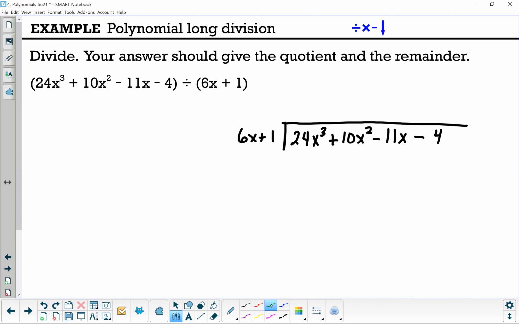So we start by dividing the leading term in our dividend by the leading term in our divisor, which will be 24x cubed divided by 6x, and that's going to give me 4x squared.